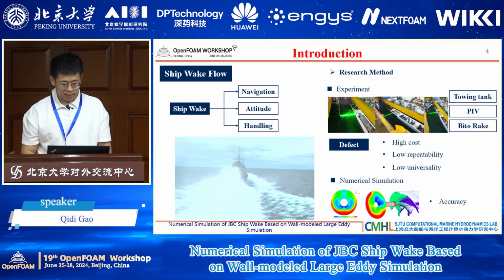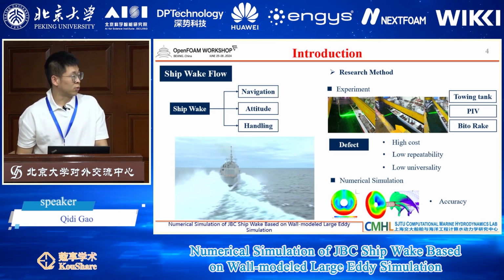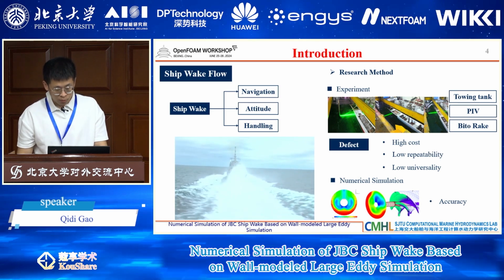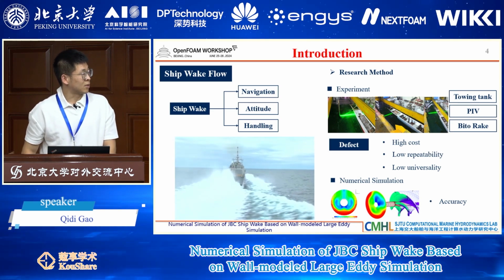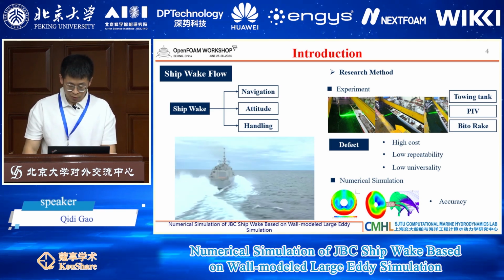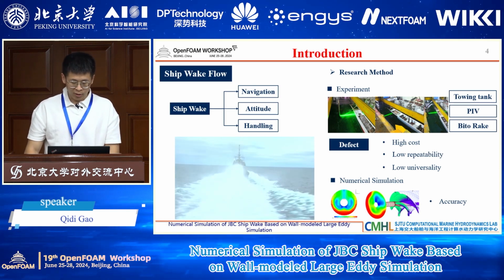The first is experiment. We can use facilities to measure the flow field, like a pitot rake. And nowadays we can use PIV systems to get the refined flow field of the ship wake in a towing tank or circulating water tank.